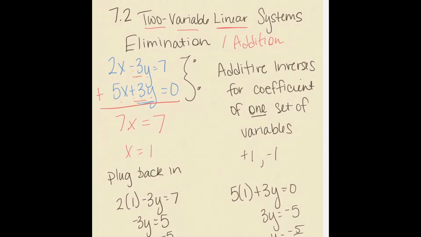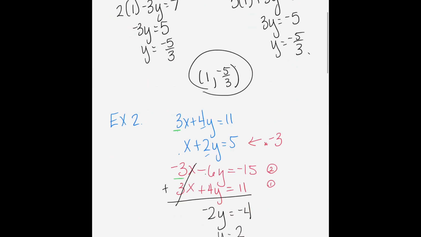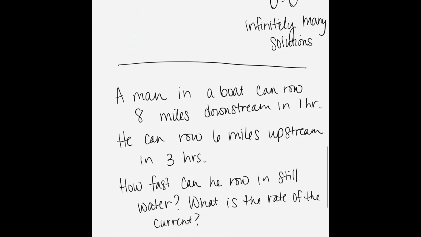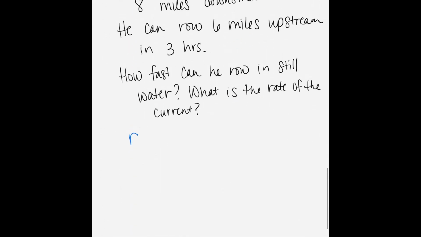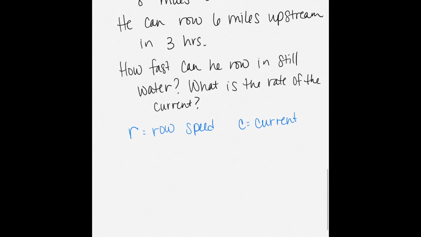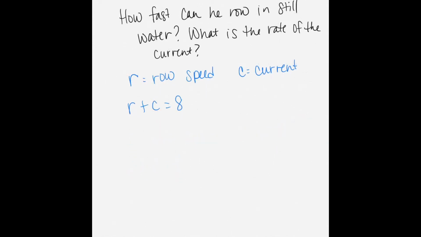His rowing speed we're going to call r, and we'll say c will be the current speed, because those are the two forces that are working here: his ability to row, and the current either working with him or against him. So we know that his rowing plus the current will give us 8 miles per hour.